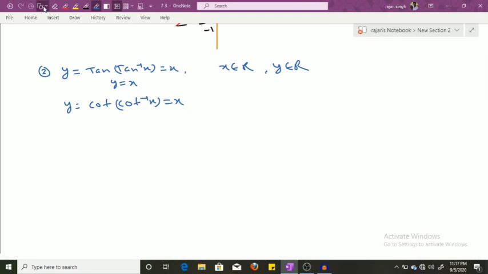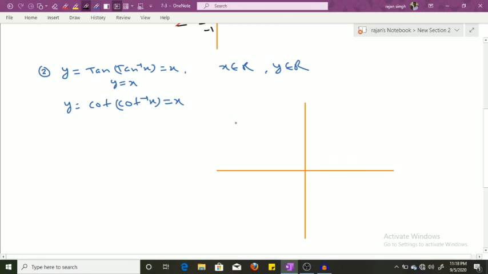Okay, same for cot of cot inverse. All real numbers. There is no restriction on x, there is no restriction on y. That's your graph.